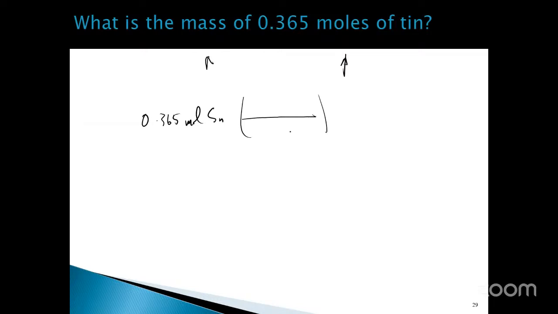What goes down here? Let's start with the denominator. One mole of tin. And what goes up top?